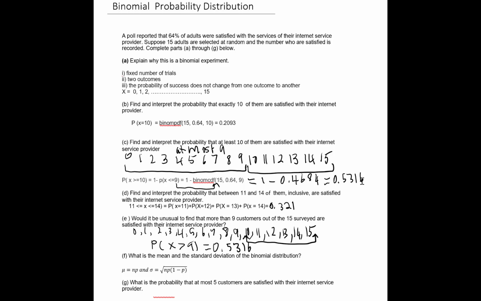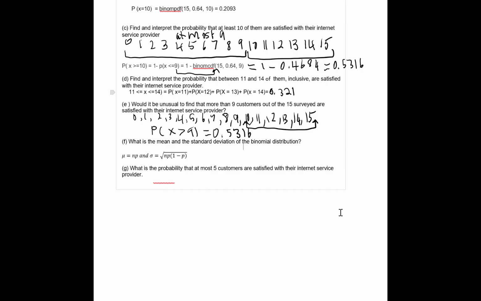Do you think this is unusual? No, it's not unusual, because this probability is more than 5%. It's 53%. Okay. Now, if we ask you what's the mean and the standard deviation of the binomial distribution, there is a formula you need to use. The mean of the binomial distribution, or the expected value, is np. N is 15, and p is 0.64.